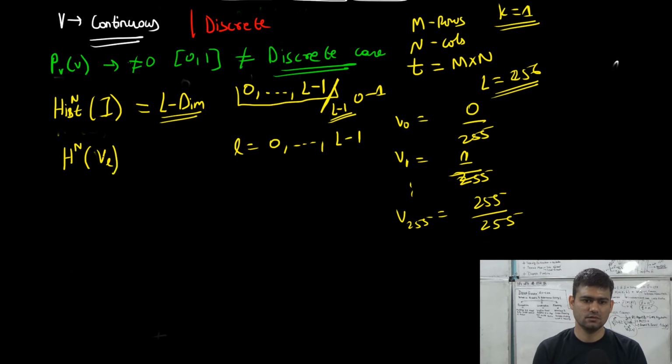So the normalized histogram is going to have L components, where each entry hn of v_l is simply going to be n_l over T, where n_l is the number of pixels having the intensity v_l in the input image.